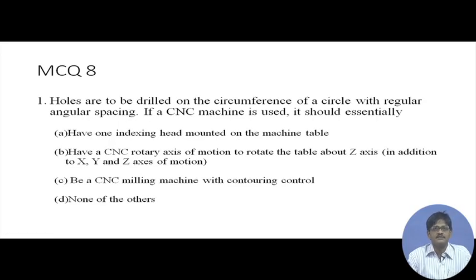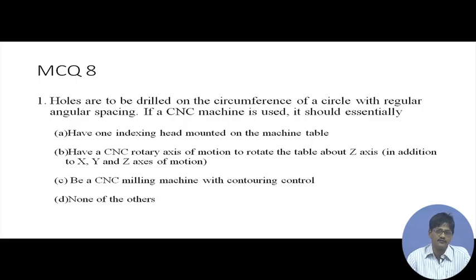Holes are to be drilled on the circumference of a circle with regular angular spacing. Remember that subroutine we had done. So, if a CNC machine is used, it should essentially have one indexing head mounted on the machine table in order to carry this out, and have a CNC rotary axis of motion to rotate the table about z axis.